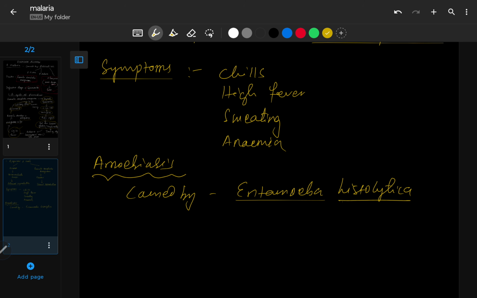So we have to underline this separately. The site of infection is the large intestine.